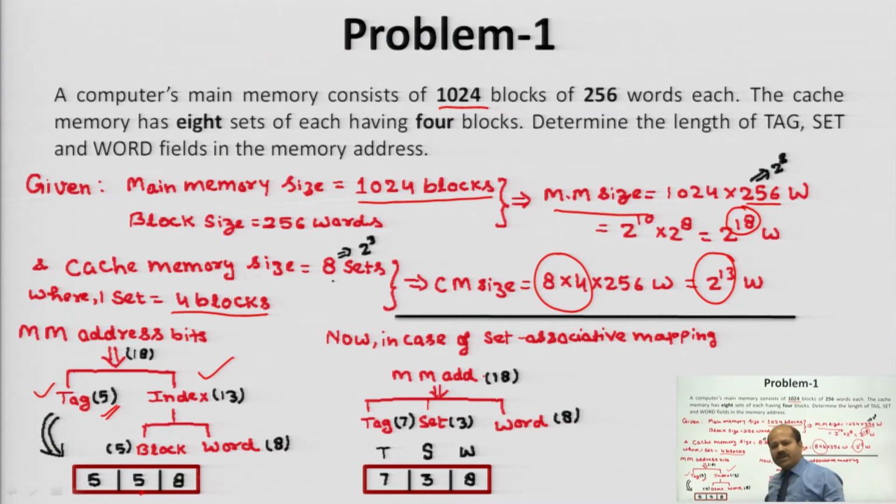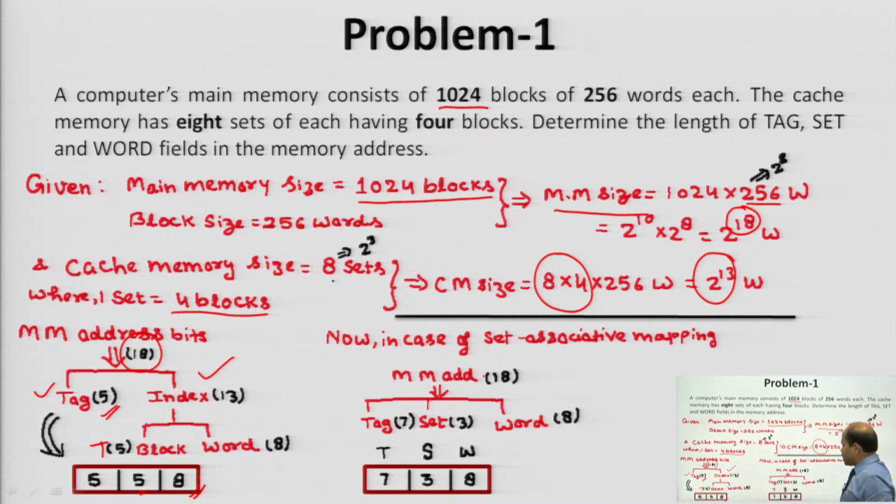Now, number of bits to map the block is equal to 5, and for words in each block there are 2 to the power 8 words, or 256 words. So, that is why it comes as 8. Now, in case of direct mapping, the tag bit value equals 5, block equals 5 and word bit equals 8. So, total becomes 18, because the total number of bits for main memory is 18.